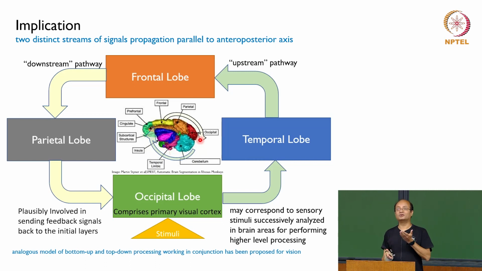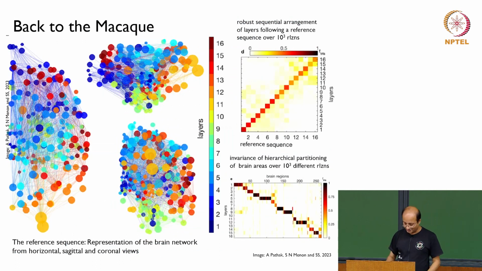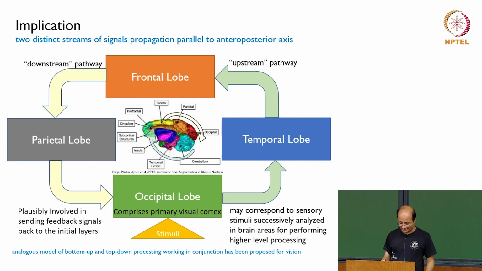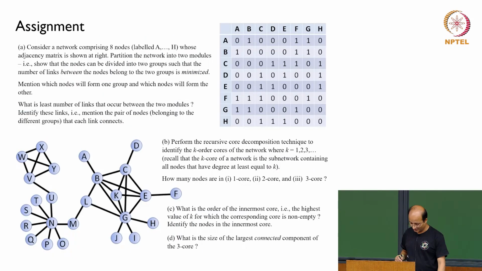And these are going on simultaneously, the feed forward and the feedback. So this is interesting that the hierarchical architecture of the brain that seems to be revealed by this algorithm actually supports a similar kind of mechanism going on in the actual brain.